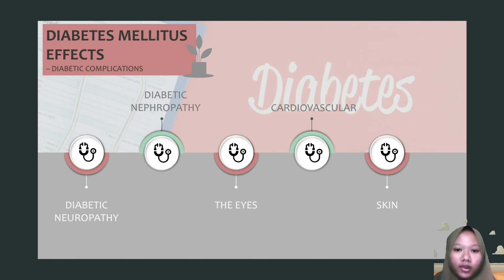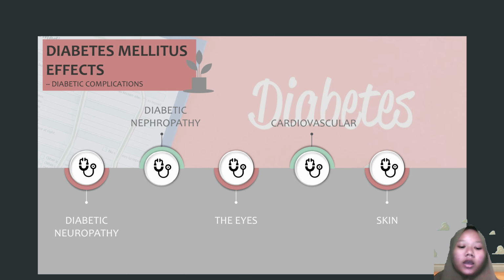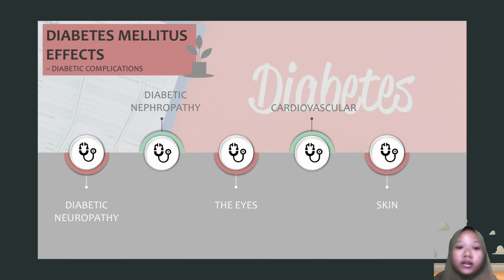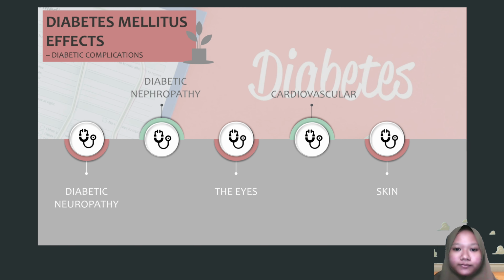Number 4 is cardiovascular, and number 5 is skin disorder, usually neglected and frequently underdiagnosed among diabetic patients. These are common complications and encompass a broad spectrum of disorders in both type 1 and type 2 diabetes mellitus, for example, cutaneous infection, dry skin, and pruritus.